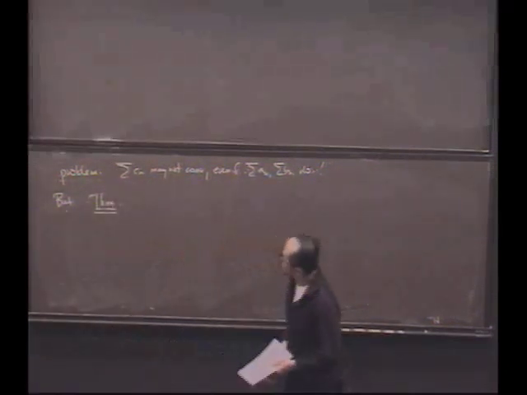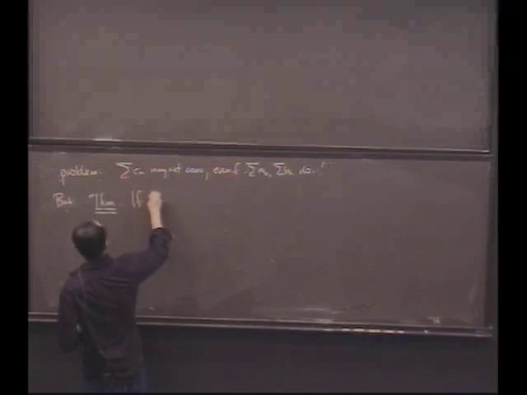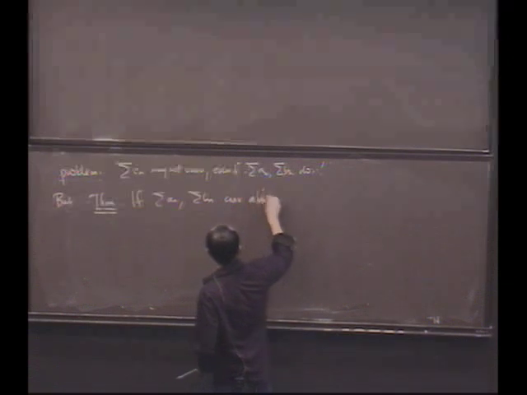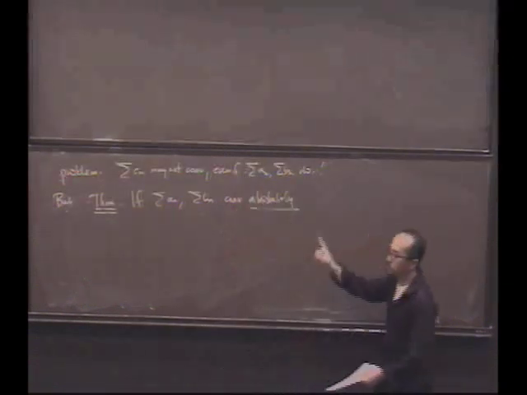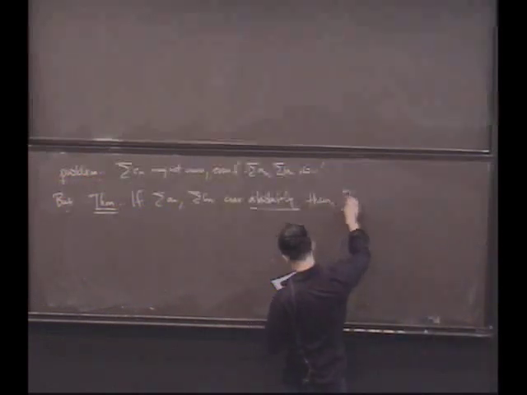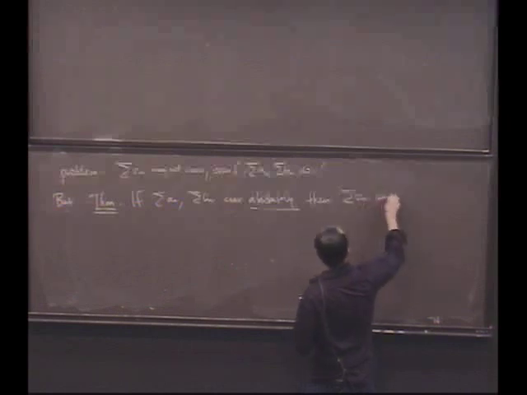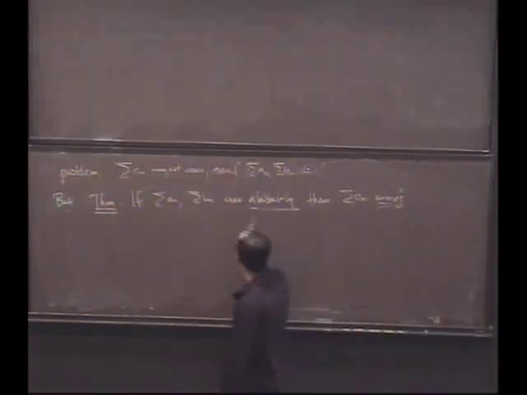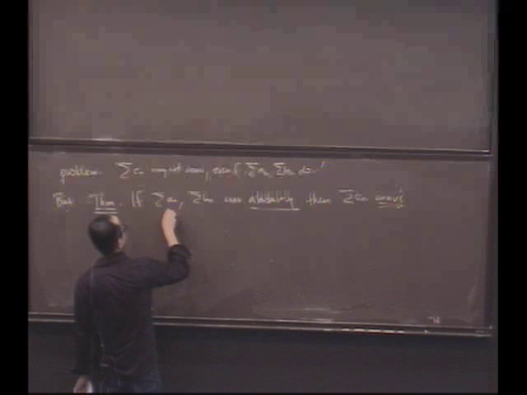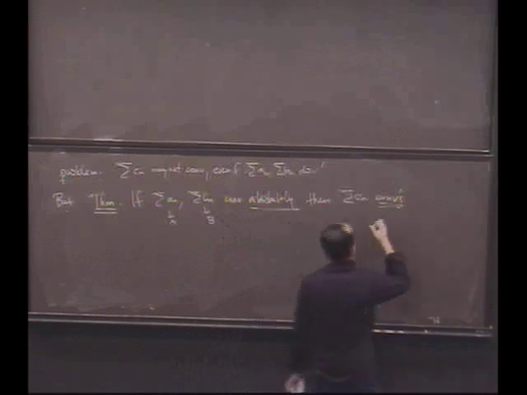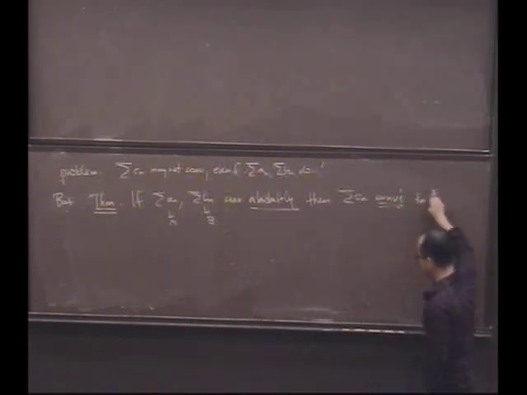It turns out if the sum of a_n and the sum of b_n converge absolutely, which I haven't said what that means yet, but we will in just a second, then the sum of c_n converges, the product series converges. Not only that, but if these converge absolutely to big A and big B, then this series converges to, take a guess, AB.